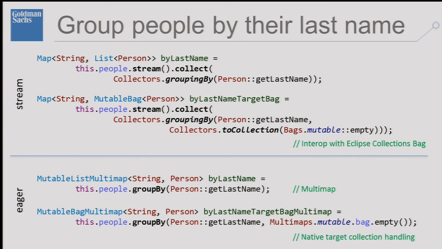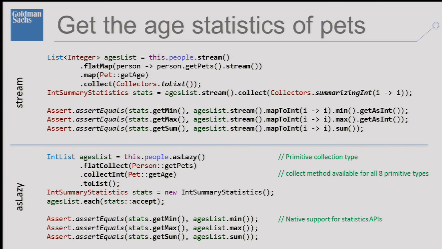That's what we're doing here, demonstrating that interoperability works quite well, that we can create an Eclipse Collections bag, an empty bag, and use that as the target to create the values in the map. We have an explicit groupBy with no need for stream and collectors. So if you're doing this just with Eclipse Collections, the syntax is slightly more concise.